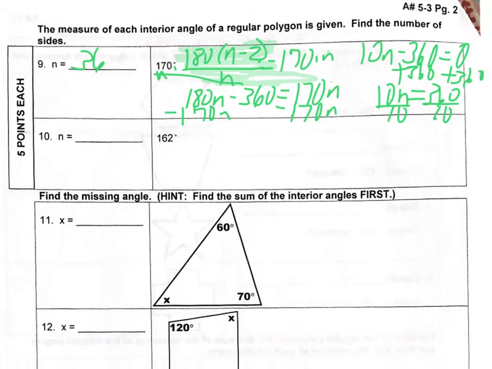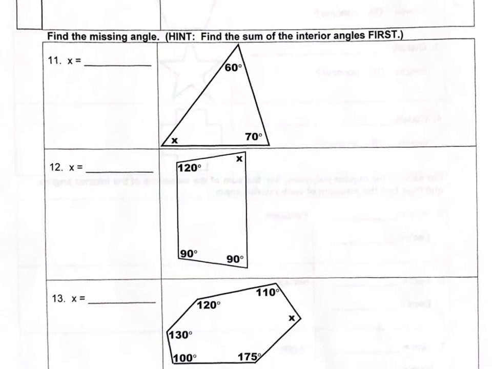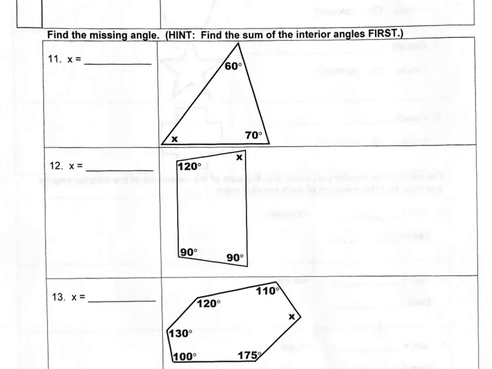Going to the next section, you're going to find the sum of the interior angles first. So remember, in a triangle, how many degrees are in a triangle? In order to find the sum of the interior angles, you're going to take 180 times n minus 2.